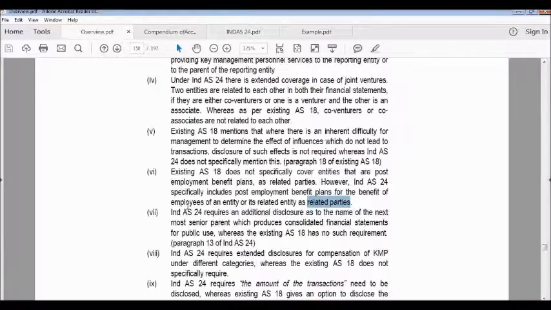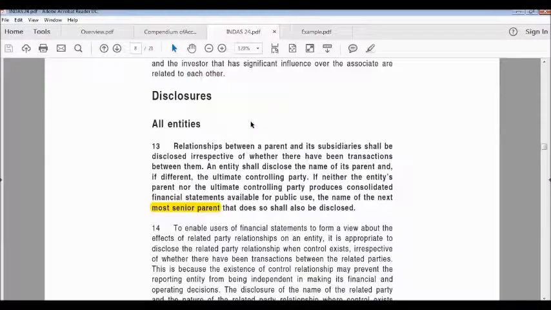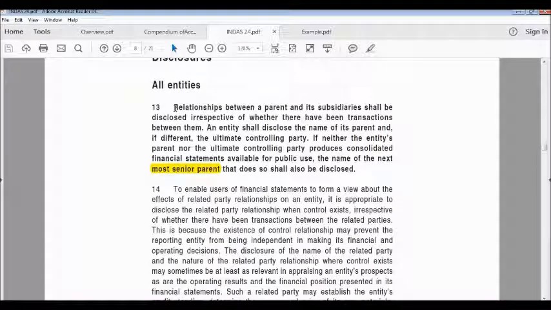The next difference is that Ind AS 24 requires an additional disclosure as to the name of the next most senior parent which produces consolidated financial statements for public use, whereas existing accounting standard 18 has no such requirement. Paragraph 13 of Ind AS 24. This is not much relevant for you. Let me explain why. This paragraph says the relationship between the parent and its subsidiary shall be disclosed irrespective of whether there has been a transaction between them. This was also there earlier. An entity shall disclose the name of its parent and, if different, the ultimate controlling party.